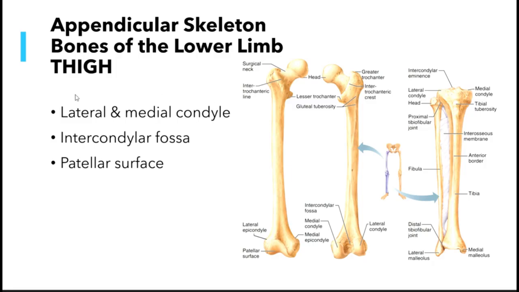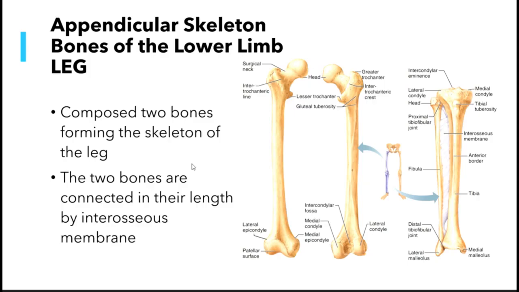These condyles articulate with the tibia below. This fossa separates the condyles posteriorly, and the patellar surface forms a joint with the patella, or the kneecap.